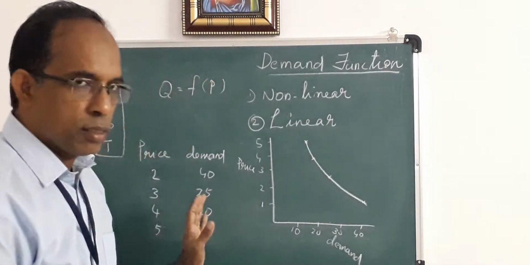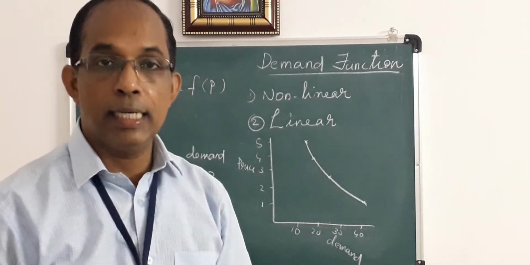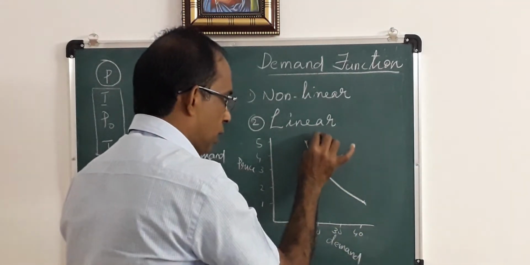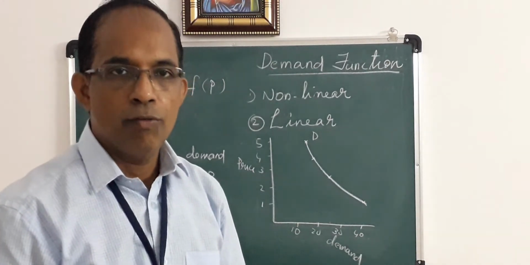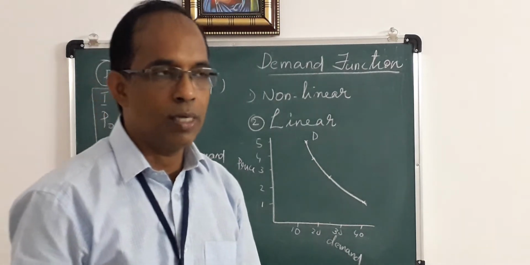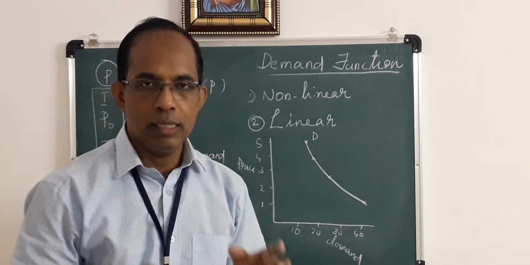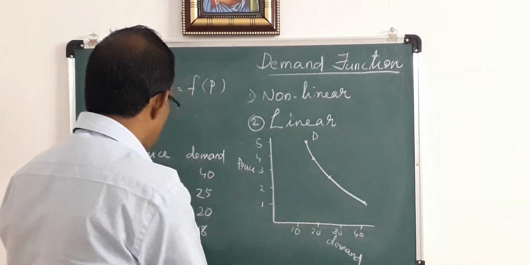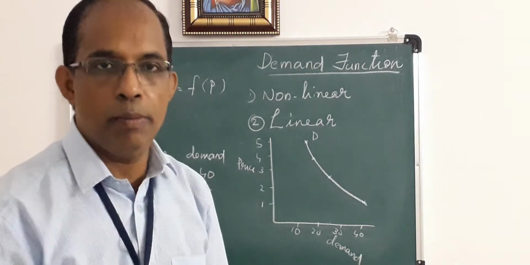And in this case, when we drew the demand curve, we got a curved demand curve. When the demand curve or points do not lie on a straight line, we call this demand function non-linear. That means demand function is said to be non-linear when a proportionate change in price does not lead to equal proportionate change in demand.